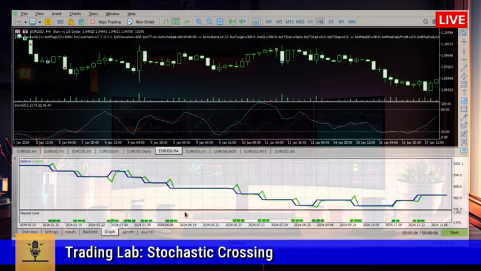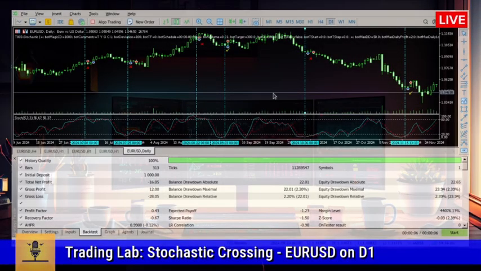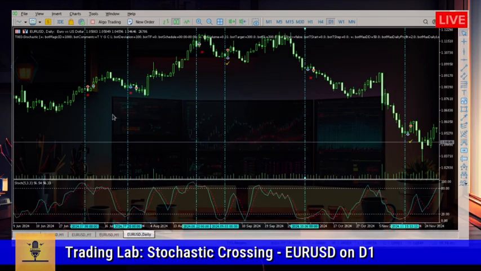Okay, we have done the back testing now. Let's analyze the result. On daily chart, standard Stochastic doesn't perform well as seen on backtesting result. The total net profit is negative. Stochastic also failed to tell overbought and oversold area.